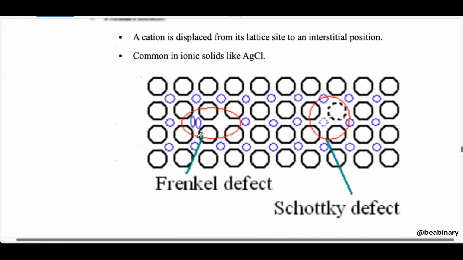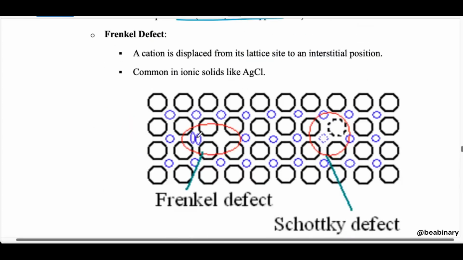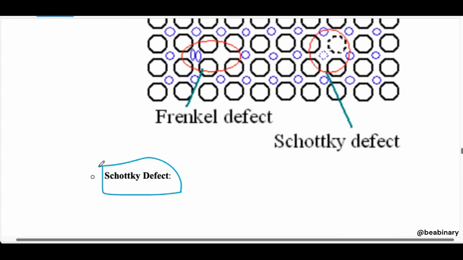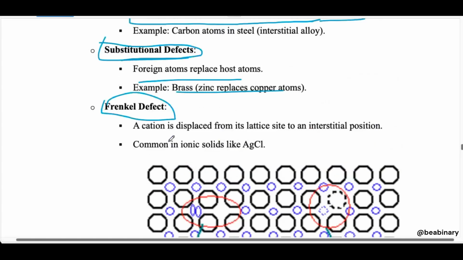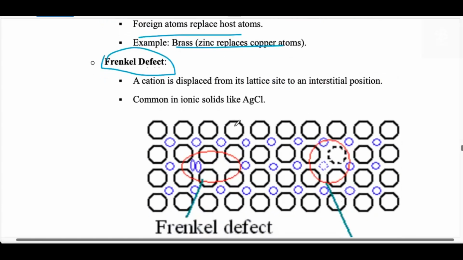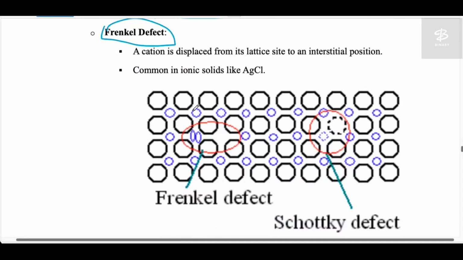Now, there are two more kinds of defects: Frenkel defects and Schottky defects. What is the difference between them? You can see here. Suppose a cation, meaning the positive charge, is displaced from its lattice site to an interstitial position.